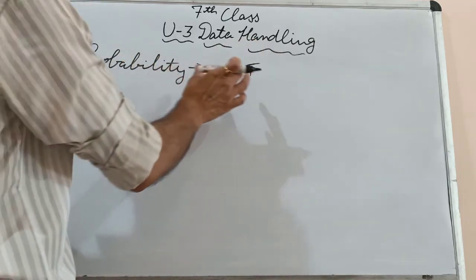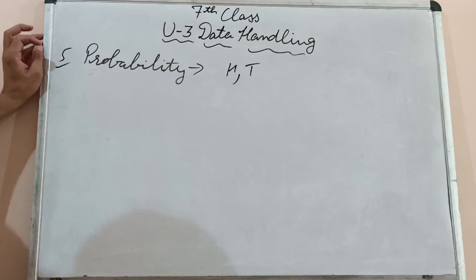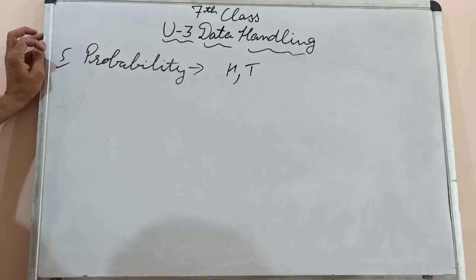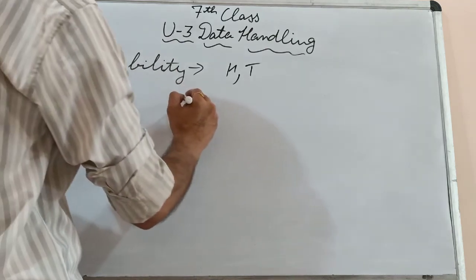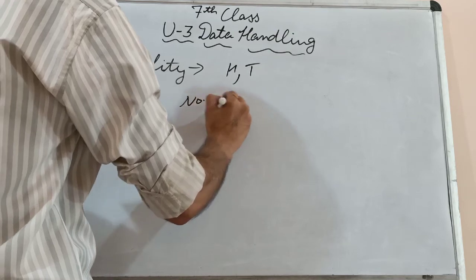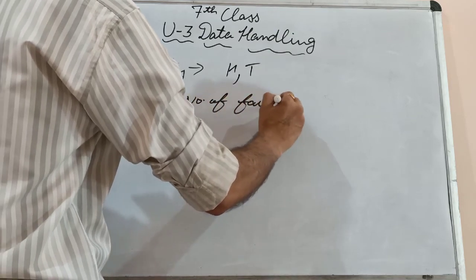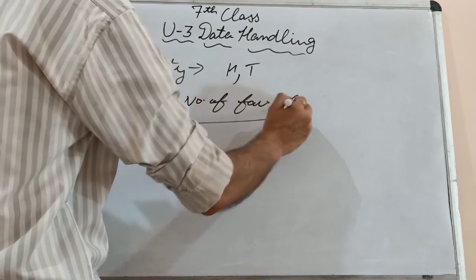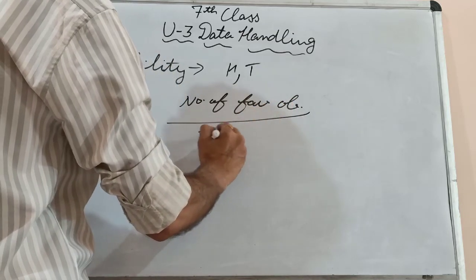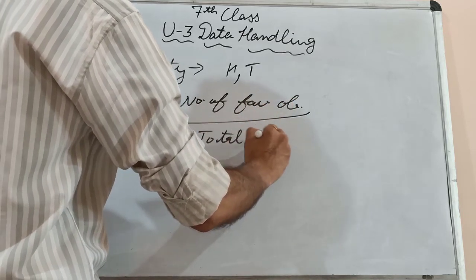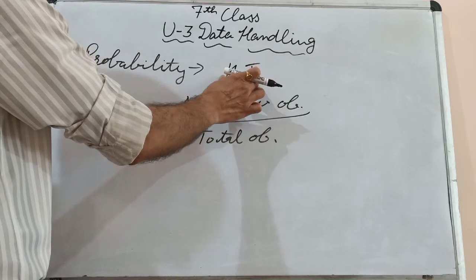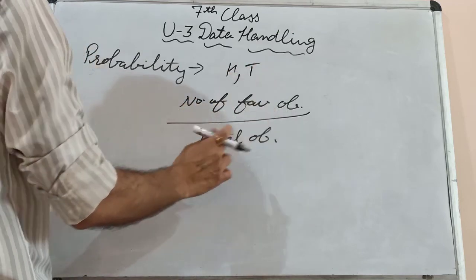Okay, so it can be found out by number of favorable observations divided by total observations. Now total observations are 2.